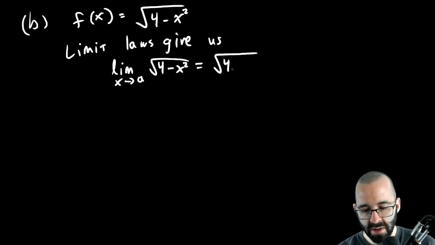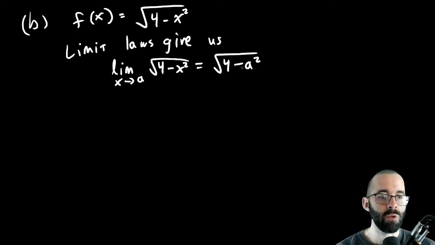It's going to be the square root of 4 minus a squared. With that root law, and with the theorem about polynomials being continuous, the limit is going to exist whenever this exists.